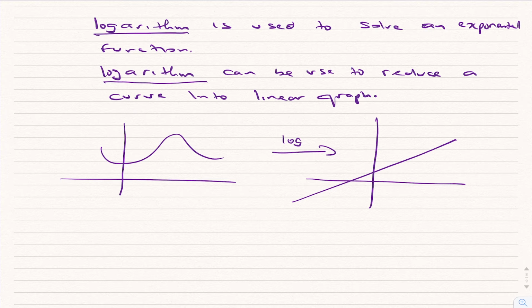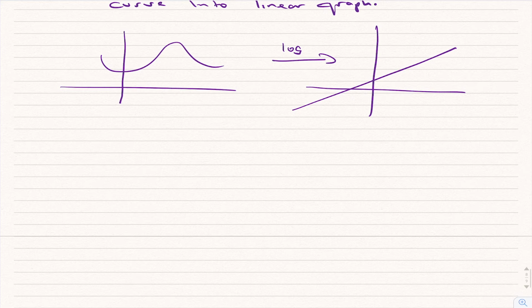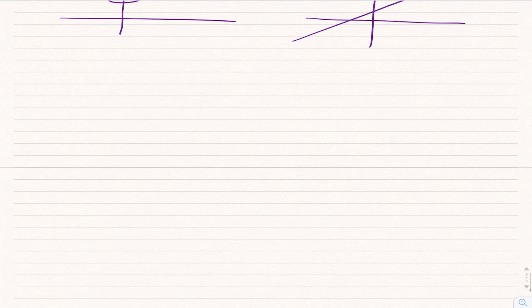In terms of the definition of a log regarding the exponential function, now let's do an example. 16 can be considered to be 2 to the power of 4. And so we can take logarithm on both sides.